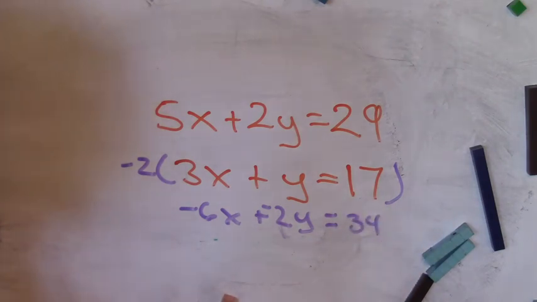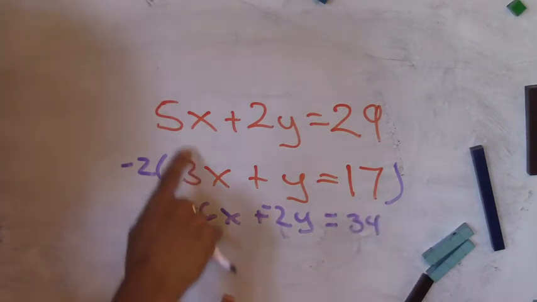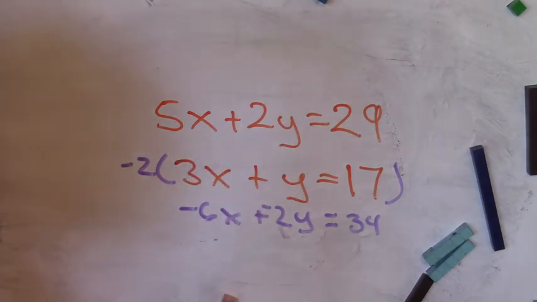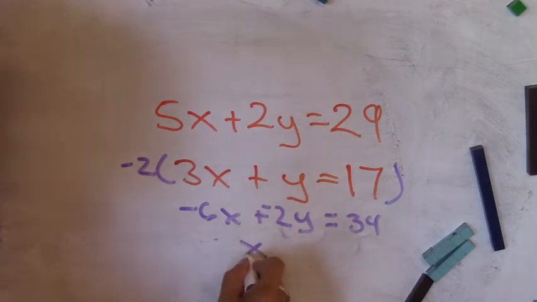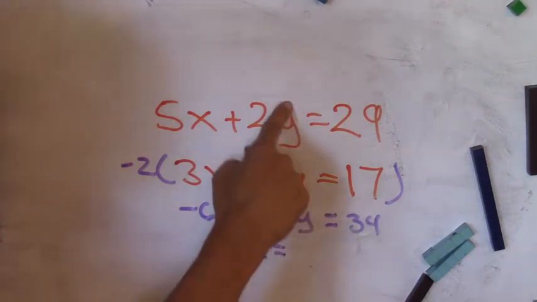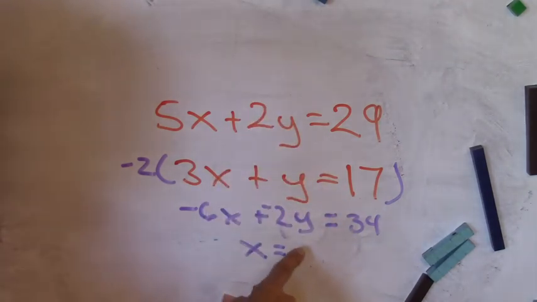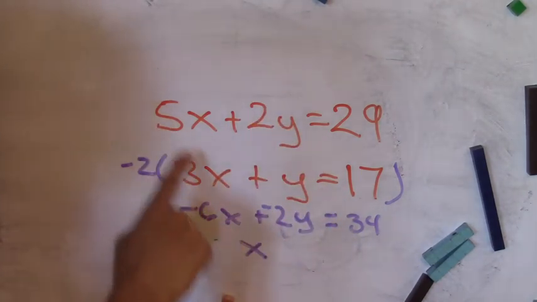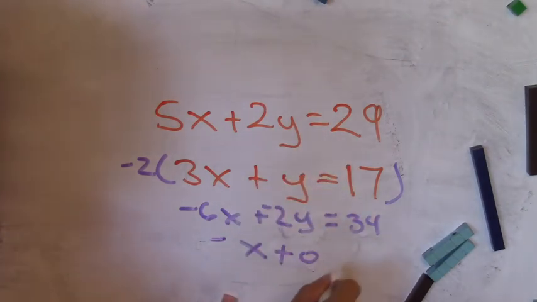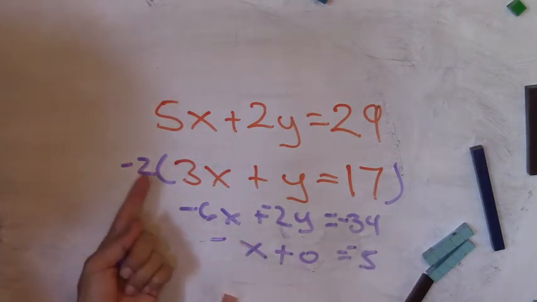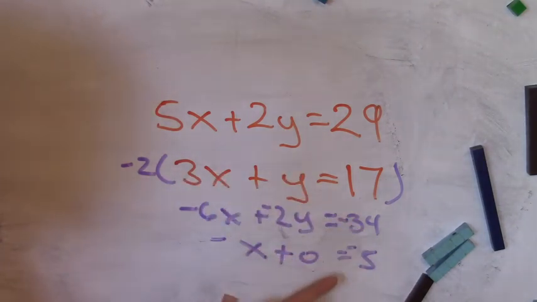Now, what will that tell me? Well, when I add these together, I'm just going to have -x, and when I get rid of these, I have a 0y there. Well, let's just do it. 5x plus -6x is -x, plus 0y, and that's going to be -5, because 29 plus -34 is -5.